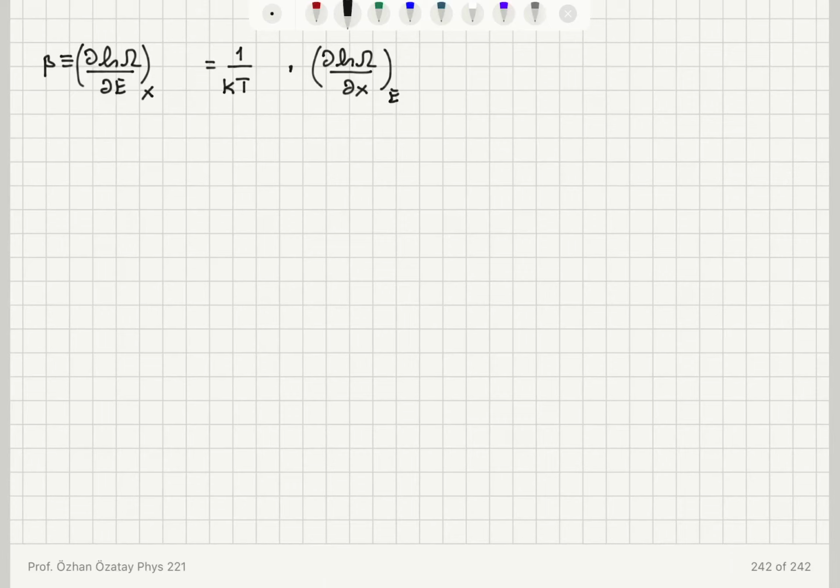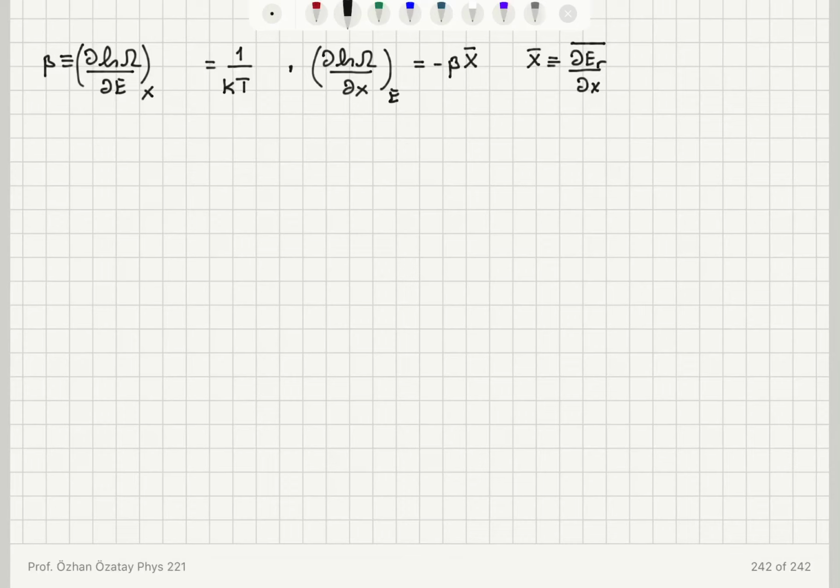The change in the natural logarithm of the number of accessible states with respect to a change in the external parameter x is equal to minus beta X bar, where X bar is the mean force conjugate to the external parameter X, and X bar is by definition the derivative of the mean change in the energy levels with respect to the external parameter X.